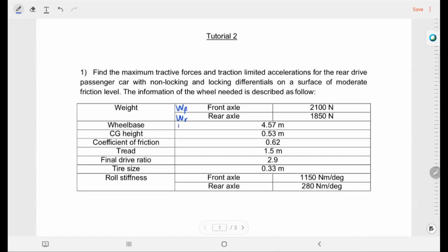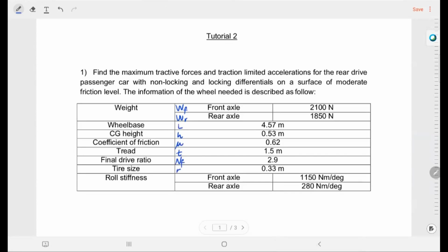L. Okay. CG height biasanya simbol H. Coefficient of friction mu. Tread T. Final drive ratio NF. Tire size R. Okay.